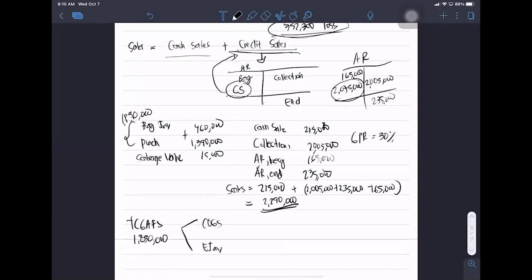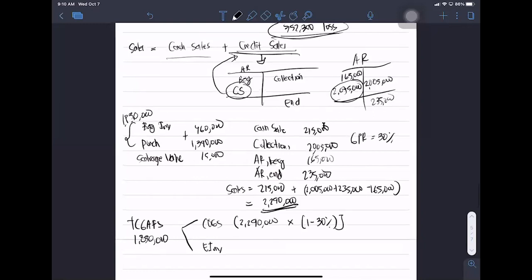Hahatiin uli natin yan, guys, as to the amount of our cost of goods sold and our ending inventory. So cost of goods sold, we have your sales computed, 2,290,000. And then we multiply it to your 1 less gross profit rate. So how much? So 2,290 multiplied by 70%. So we have 1,603.